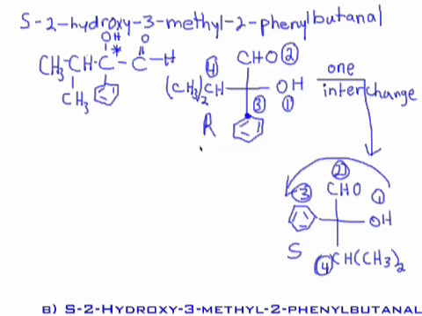Is R what we wanted? R is not what we wanted. We must put phenyl to the bottom. So because I want to put the phenyl to the bottom, I do one interchange. I keep the aldehyde on top, keep the phenyl to the bottom, and I switch the isopropyl with the OH.